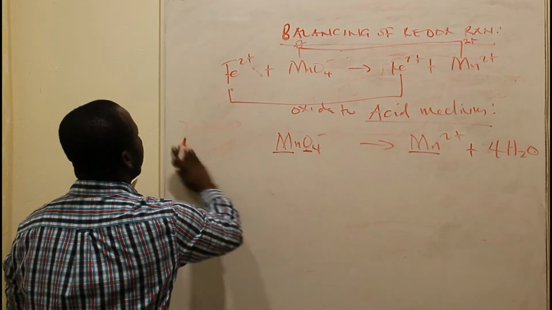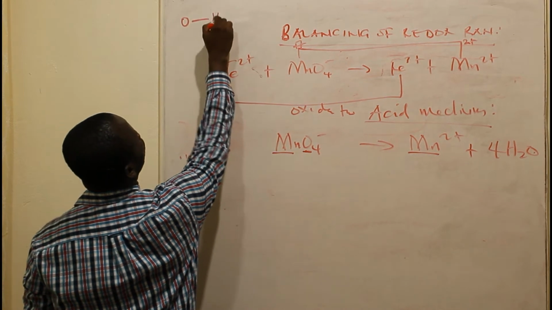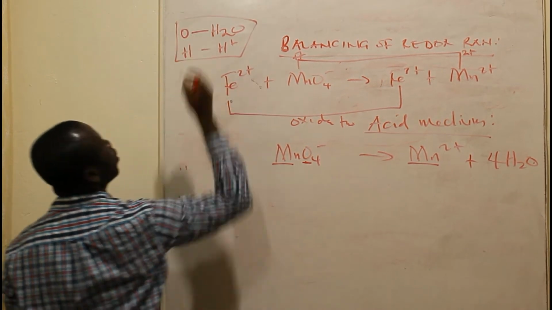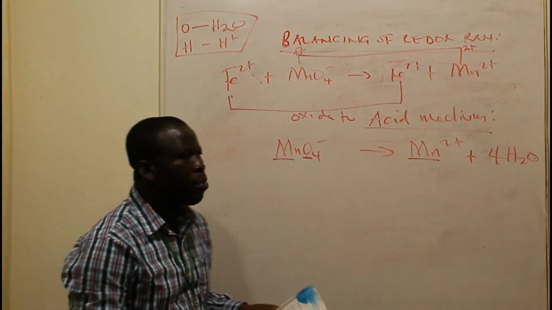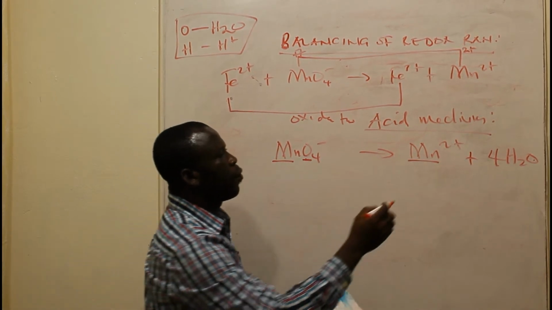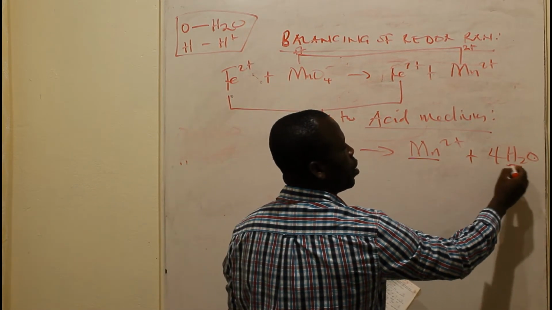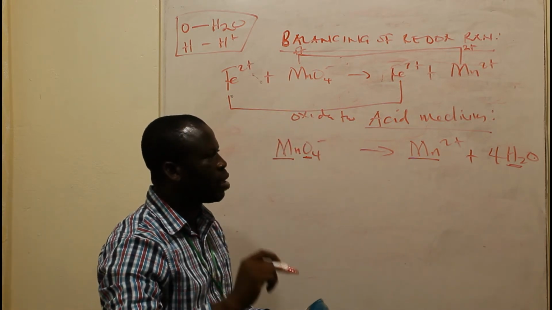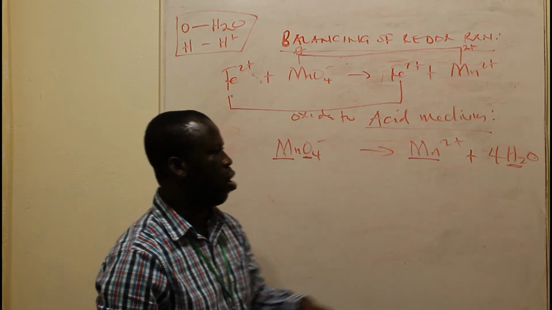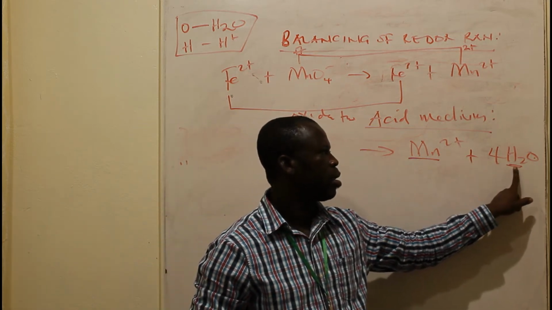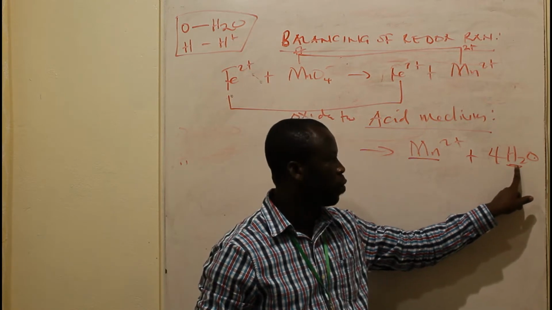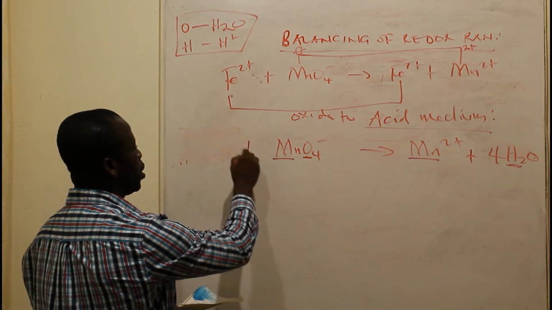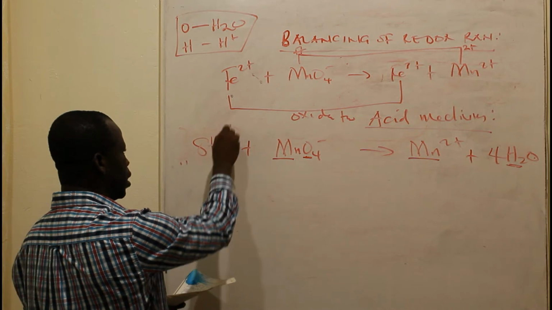Now, when we balance the water, I have introduced hydrogen. We have already said that in balancing hydrogen, we balance it with H+. So how many hydrogens do I have here? I have 8 atoms of hydrogen here. So with the 8 atoms, we have to balance it with 8 H+.